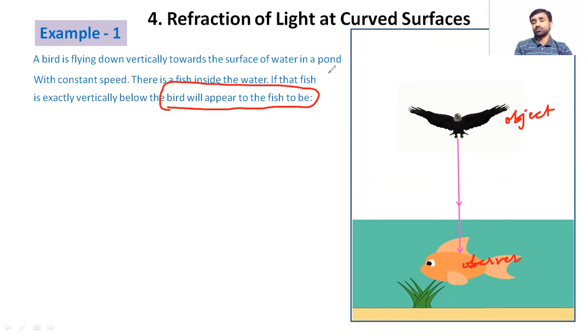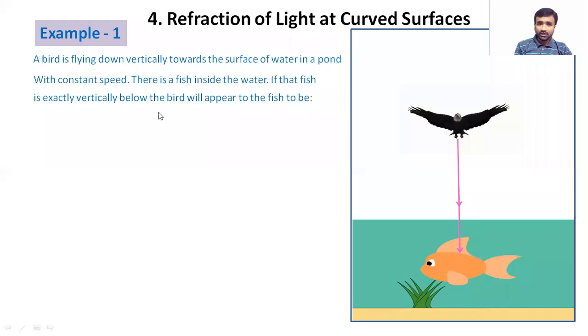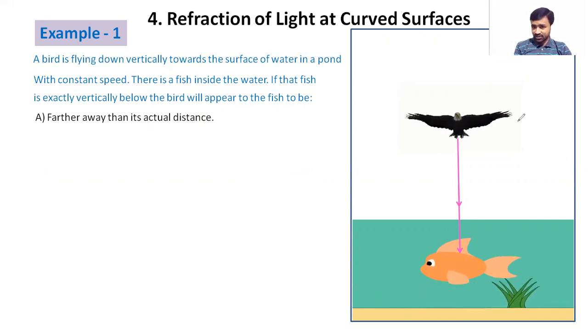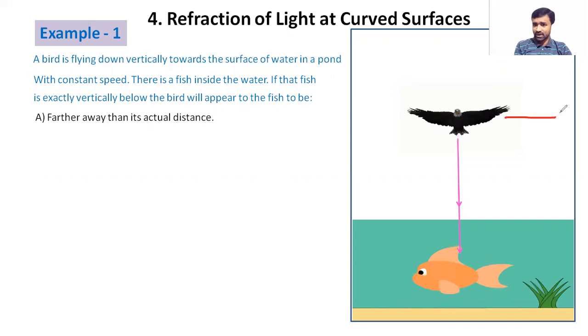So there are many possibilities where the bird will appear to the fish, right? That may be at the exact position or farther away than its actual distance. If it is observed exactly at this distance, the object and image will be at the same place.